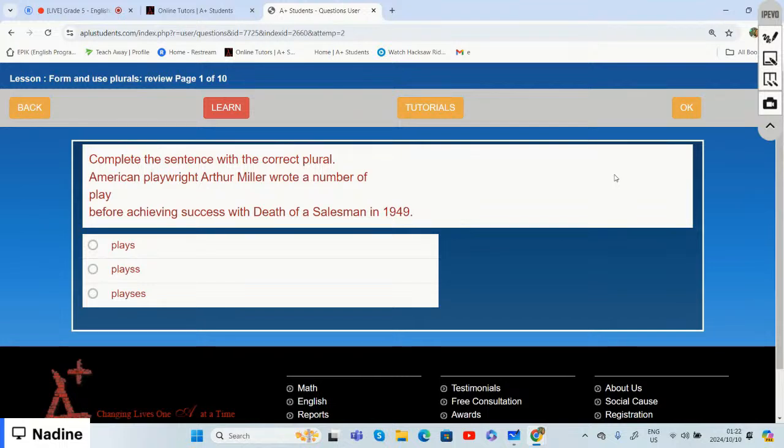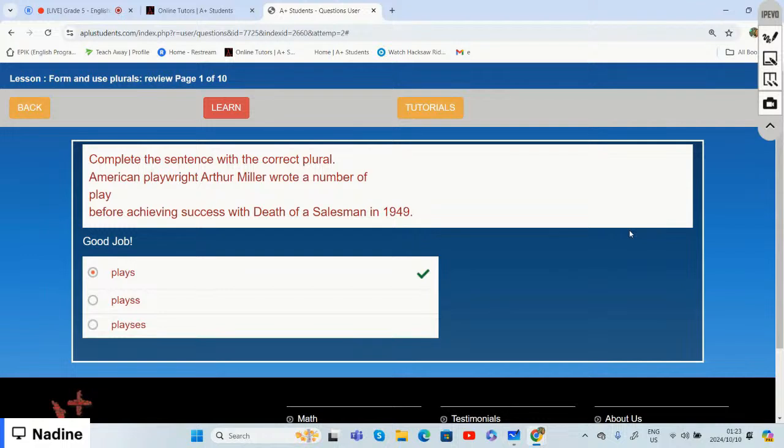All right, and if we were to choose the correct option, we would say that he wrote a number of plays. Option one, plays. We added an S. Well done.